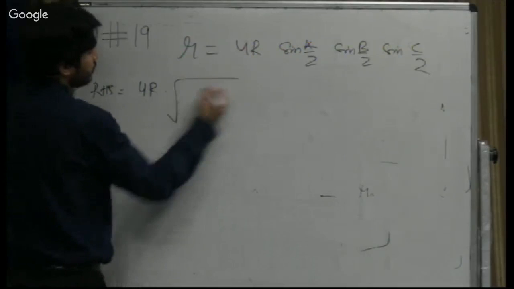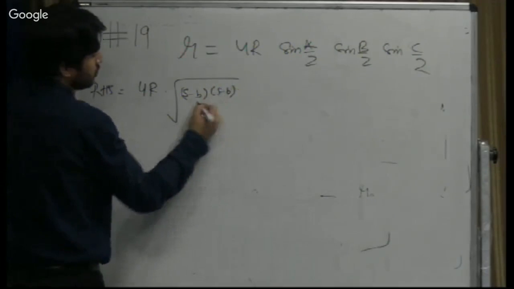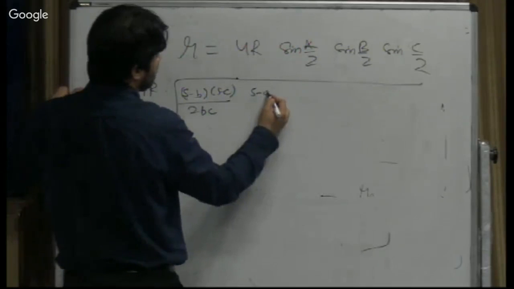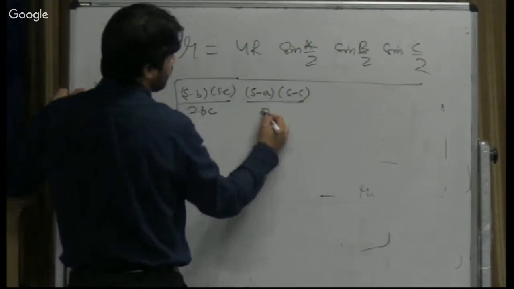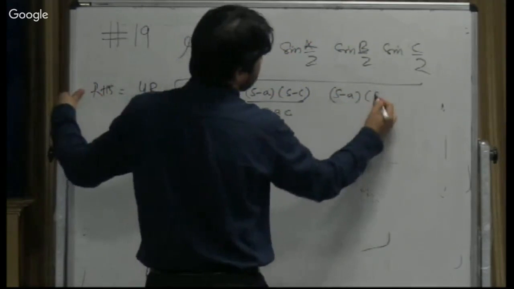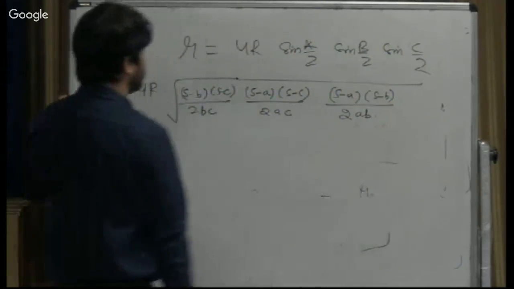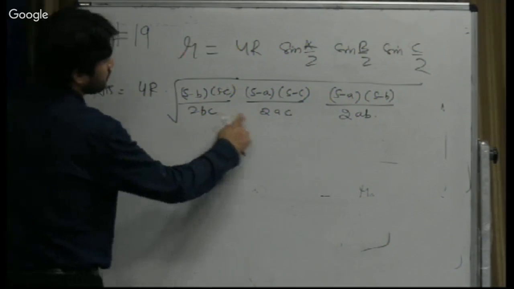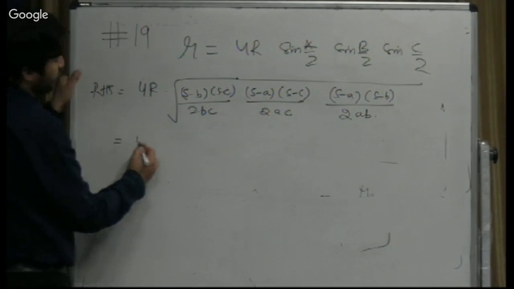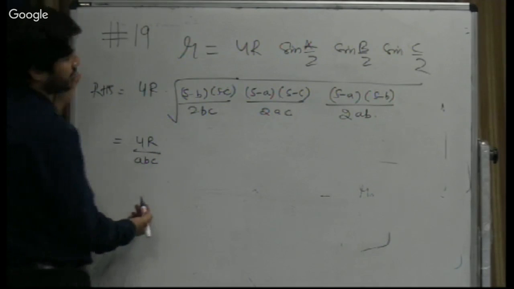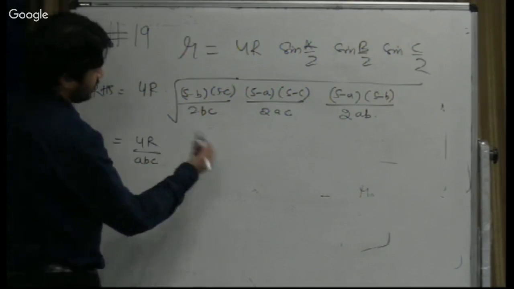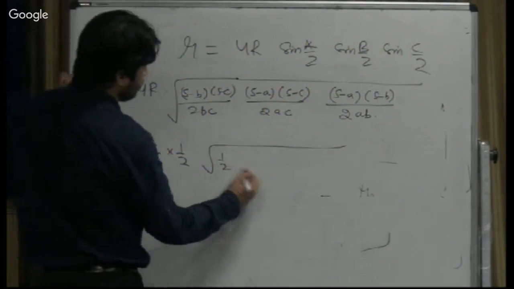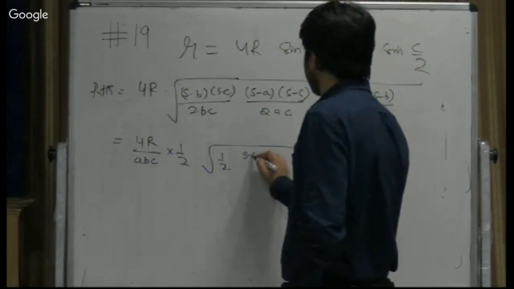What is sine A by 2? है ना, इसी को एक्सटेंड कर दो, क्या हो जाएगा ये S minus A into S minus C by 2AC, और ये हो जाएगा S minus A S minus B by 2AB. यही होगा ना, जिसमें से क्या किया जाए, a स्क्वायर b स्क्वायर c स्क्वायर आ गया तो बाहर निकाल दो 4R by abc. ठीक है, ये आ गया, और अंदर रह गया 1/2 भी बाहर निकाल दो, तो यू आर लेफ्ट विथ हाफ इंटू S माइनस a का, कुछ गड़बड़ कर दिया क्या?